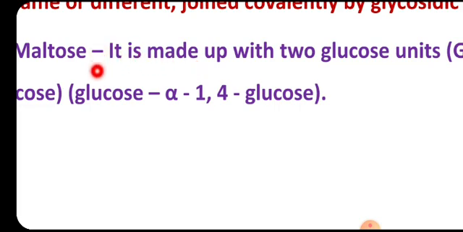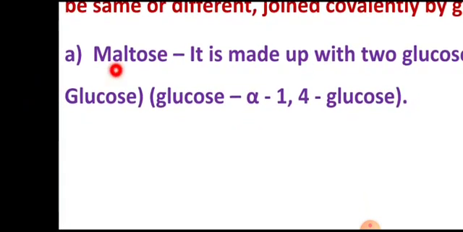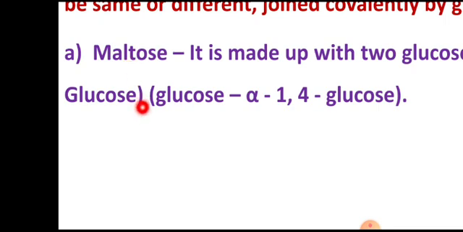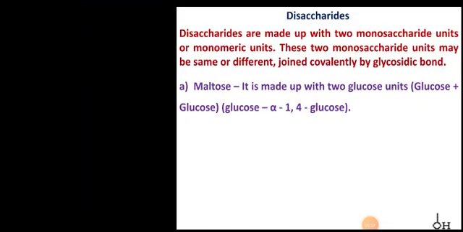So another name of maltose can be written as glucose alpha 1,4 glucose. This indicates that maltose consists of two glucose units linked together by alpha 1,4 linkage. Now we'll understand the meaning of this alpha 1,4 linkage.